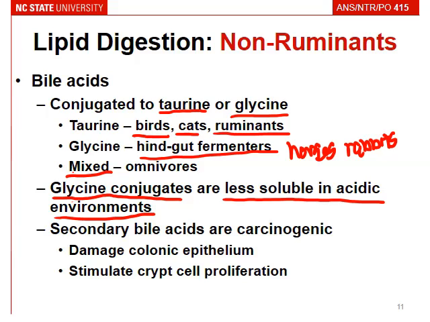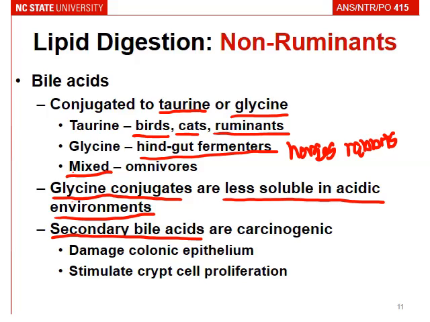And as I mentioned before, we have the secondary bile salts or bile acids, and these are carcinogenic. So this is one of the reasons why individuals that don't eat adequate amounts of fiber, that consume large amounts of fat, red meats, etc., are more prone to colon cancer.